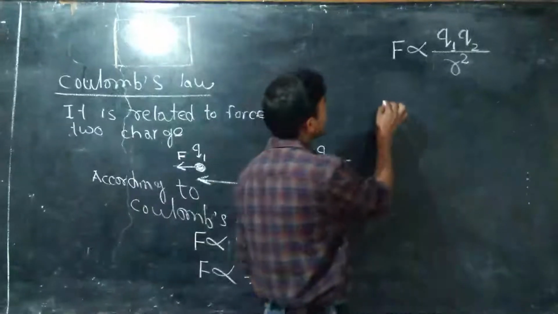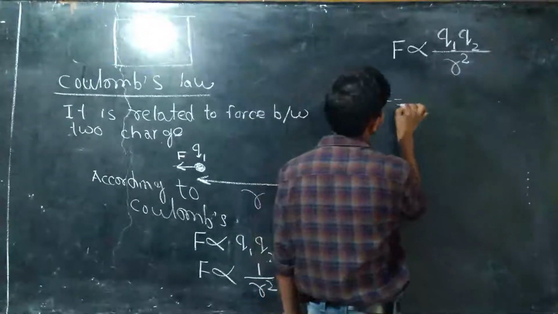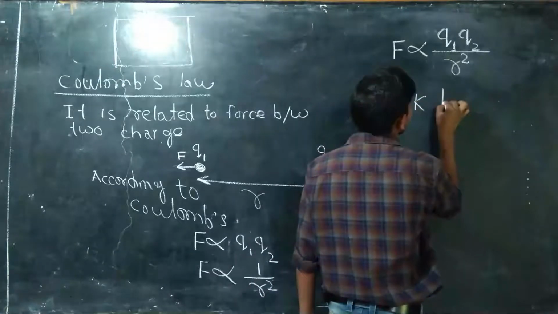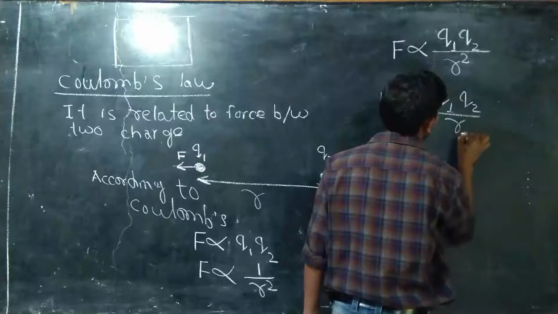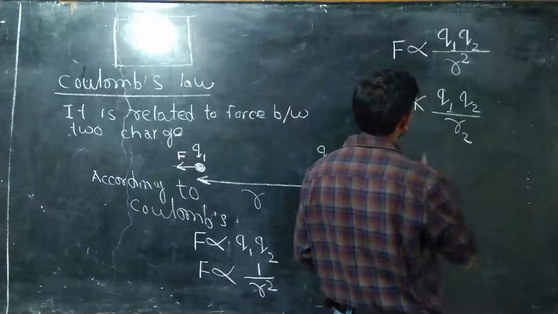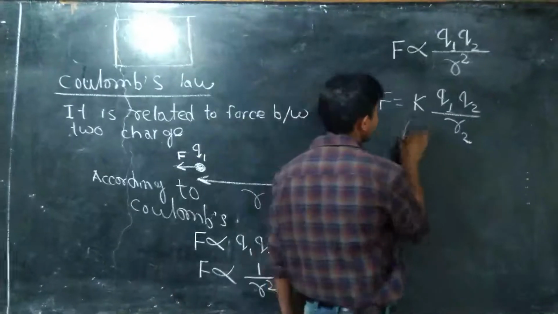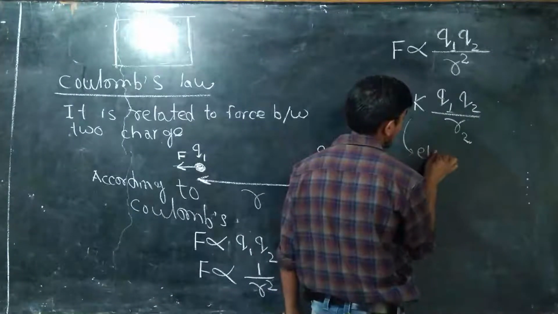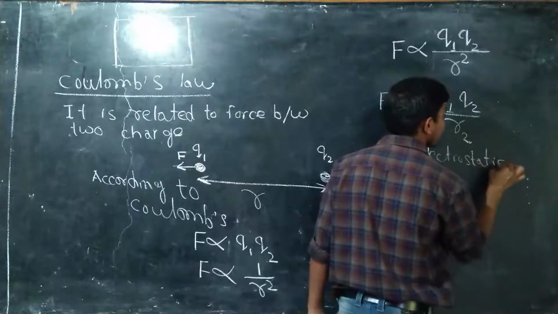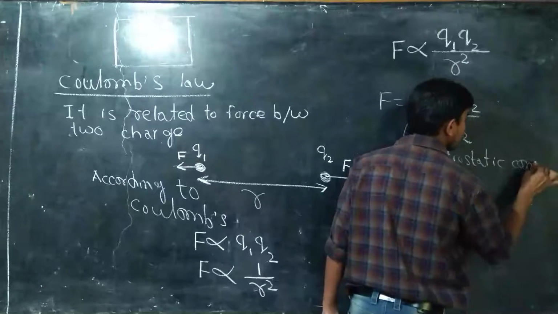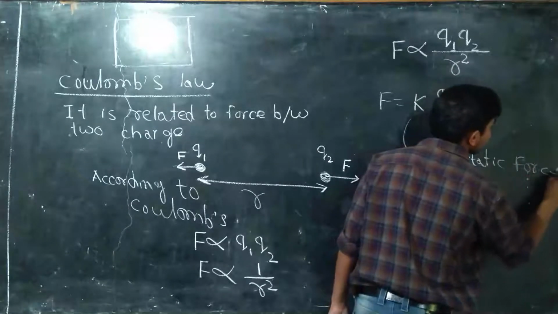Suppose now I am going to remove the proportionality sign here. So I have to bring a constant here: F equals K Q1 Q2 by R square. This constant is known as the electrostatic force constant.